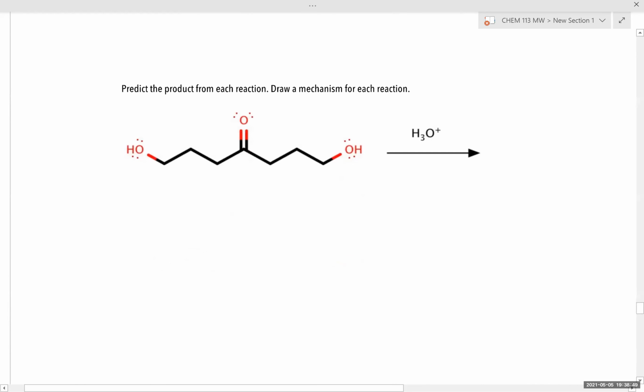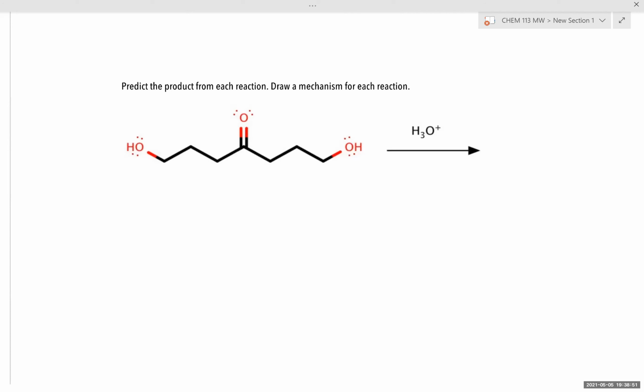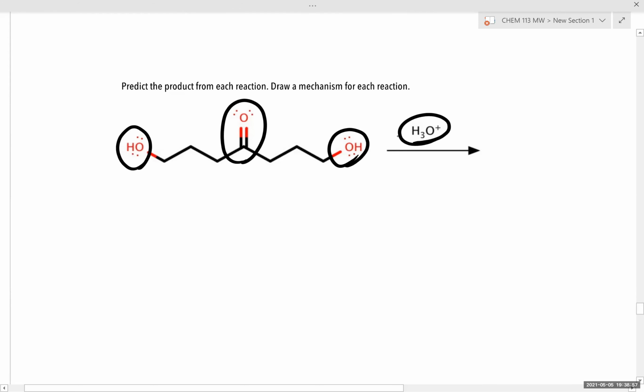So in this case, we're asked to predict the product from this reaction and draw a mechanism for this reaction. So we have two alcohols, a ketone, and an acid catalyst. This is a textbook acetal formation set of conditions.